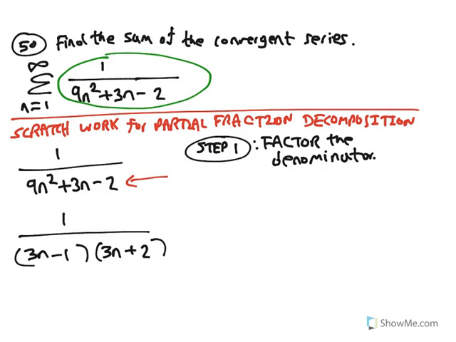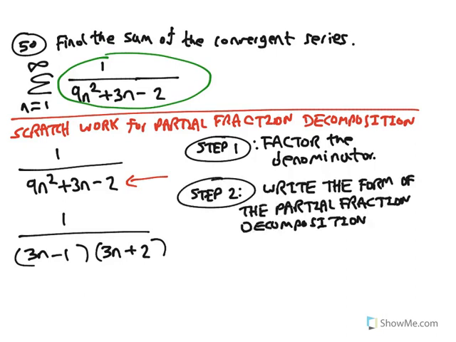The second step is to do something called writing the form of the partial fraction decomposition. The form of the partial fraction decomposition depends on how the denominator factors. So we're only going to look at one particular form of the partial fraction decomposition. And the one that we look at today is what happens when your denominator factors as a product of distinct linear factors.